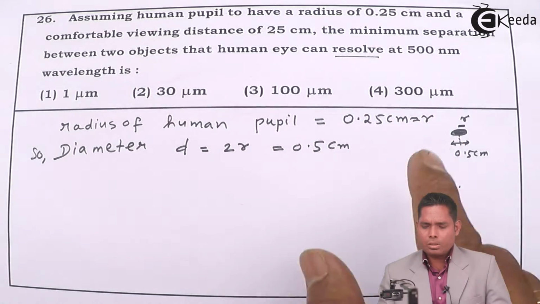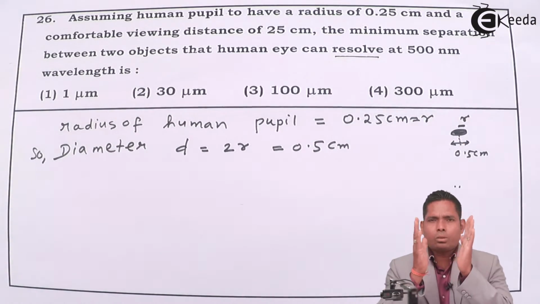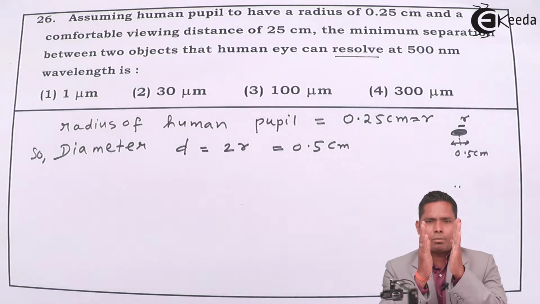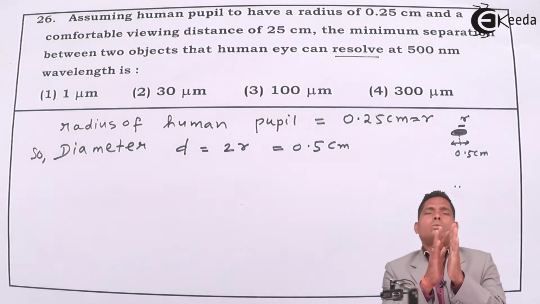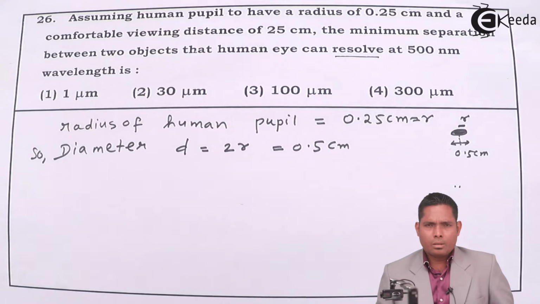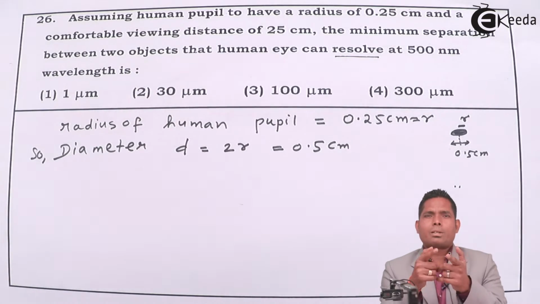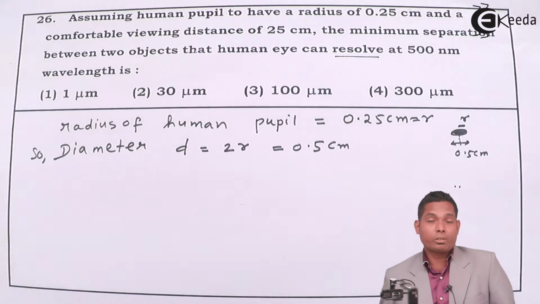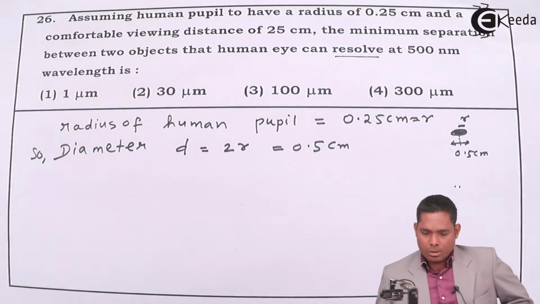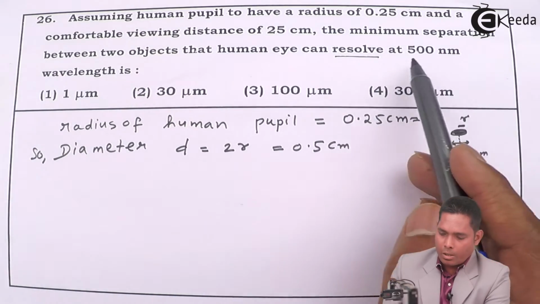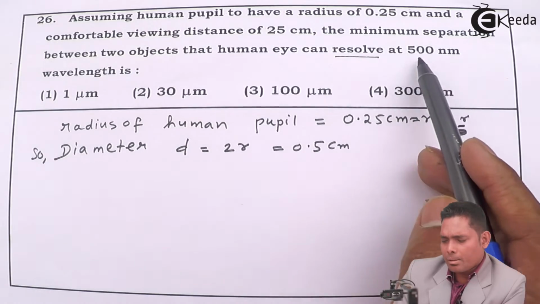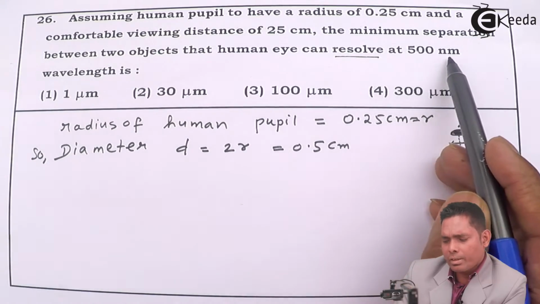That means it is 500 nanometer, and if I bring the two objects to 500 nanometer separation, then I can see them clearly as separate objects. But if I reduce it a little less than 500 nanometer, then I will see this as one object. So I cannot distinguish the two objects. This is our limitation.